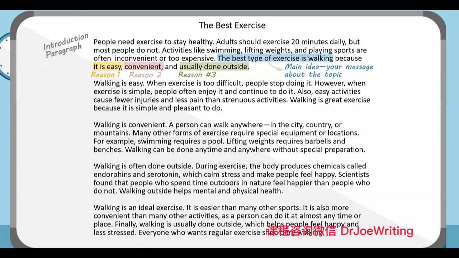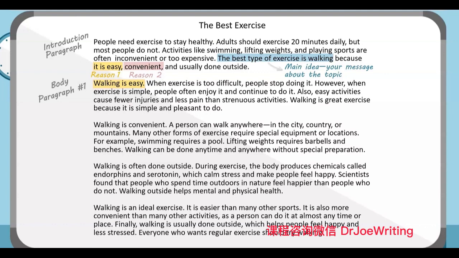So here we have the thesis statement we've already written with reasons 1, 2, and 3. Let's focus on reason 1. It is easy. Do you see where it is easy is repeated after the introduction paragraph? Walking is easy is repeated in the topic sentence of body paragraph 1. And what about reason 2, that the best type of exercise is walking because it's convenient?